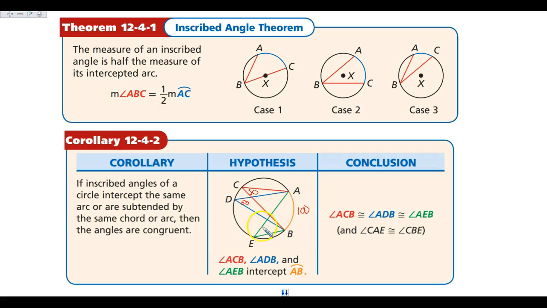Then my green angle hits the same arc, so it's also half, so it would be 50 degrees. So what do you notice about these three angles that hit the same arc? Those angles are all congruent. So anytime you have more than one angle hitting the same arc, those angles are always going to be congruent.